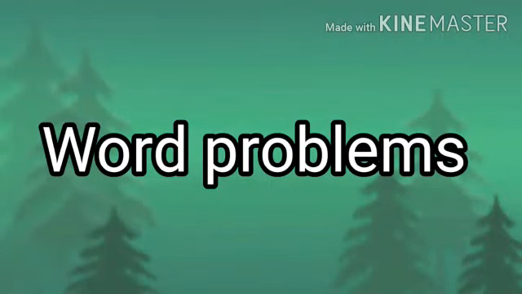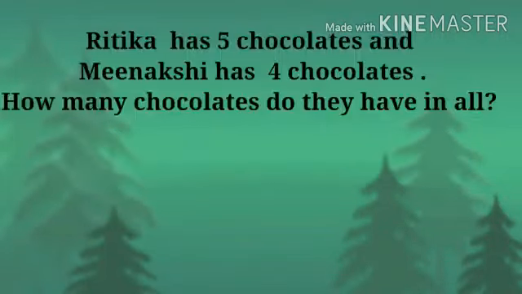Word problems. First question. Ritika has 5 chocolates and Meenakshi has 4 chocolates. How many chocolates do they have in all? Students, how can we solve this problem? Let us start. Okay.